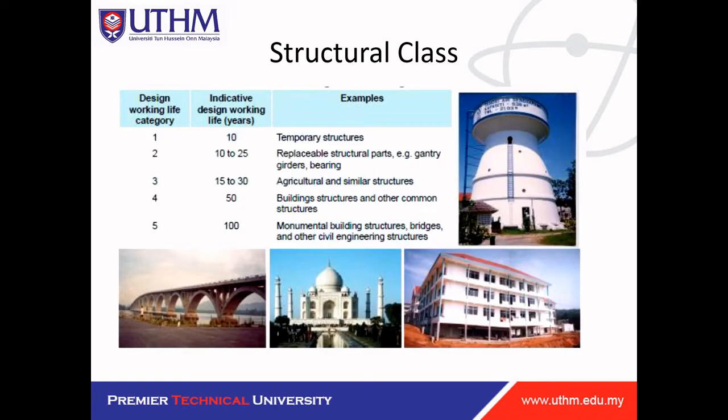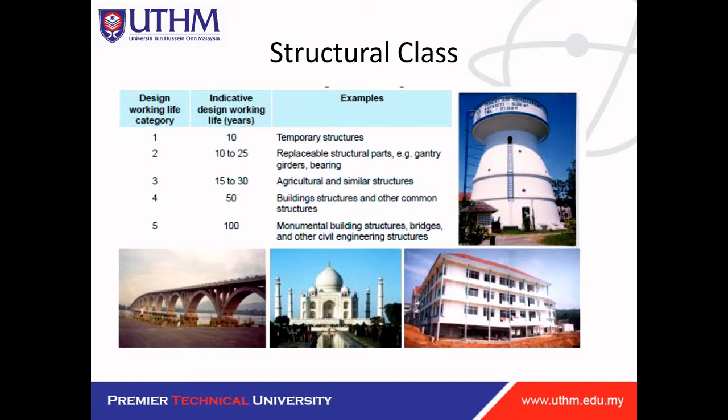For the structural class, we can refer to the design working life category from Eurocode 0, Table 2.1. First is category 1, 10 years design working life, for temporary structures. Category 2 is 10 to 25 years, for replaceable parts, for example gantry girders.